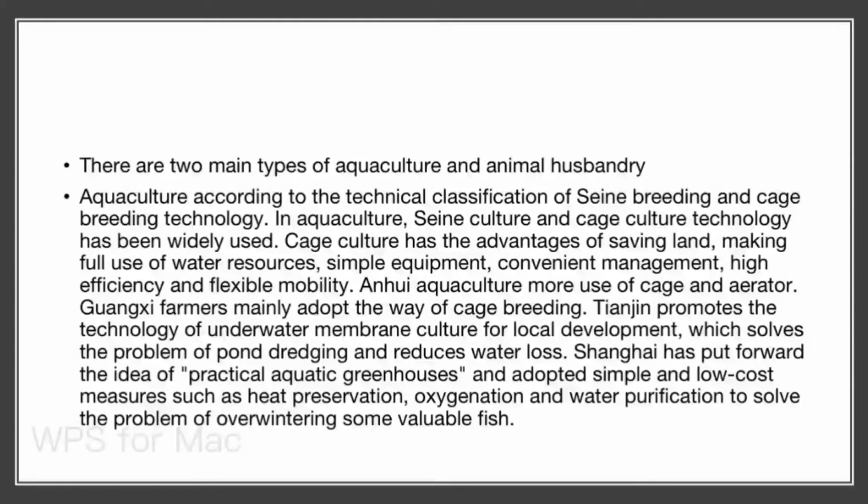Cage culture has the advantages of saving land, making full use of water resources, simple equipment, convenient management, high efficiency, and flexible mobility. Anhui aquaculture uses more cages and ponds. Guangxi farmers mainly adopt the way of cage breeding.